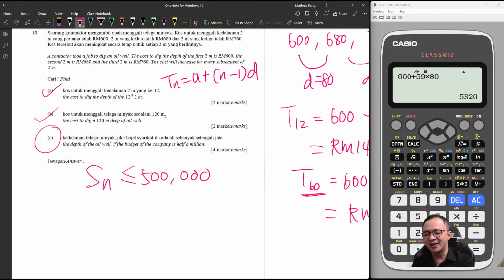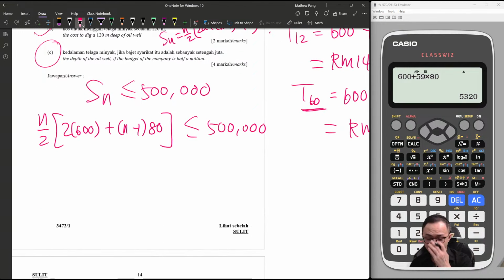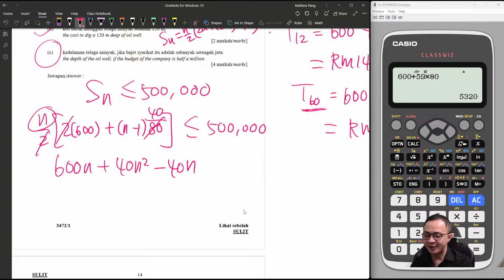So the formula, just in case students do not know the Sn formula, n over 2, 2a plus n minus 1 d. Because I do not know n, I need to find n over 2, 2a plus n minus 1 d, less than or equal to 500k. Divide 2, multiply in: 600n plus 40 times n, so it's 40n squared minus 40 times n.